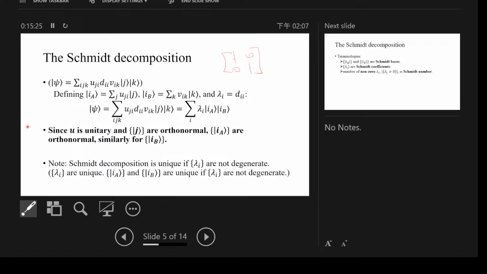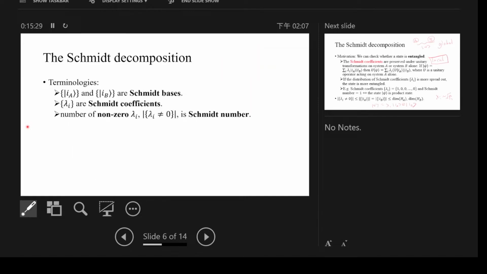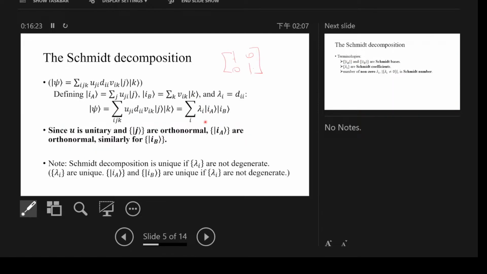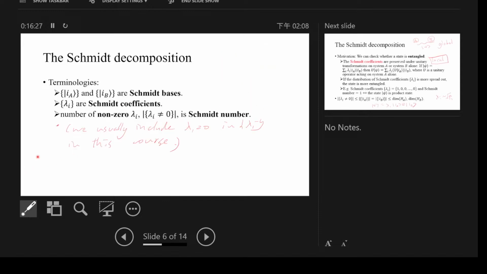We usually include lambda i equal to 0 in this course, but this depends on context and is a bit ambiguous. Anyway, back to the Schmidt number: the number of non-zero lambda i is called the Schmidt number.